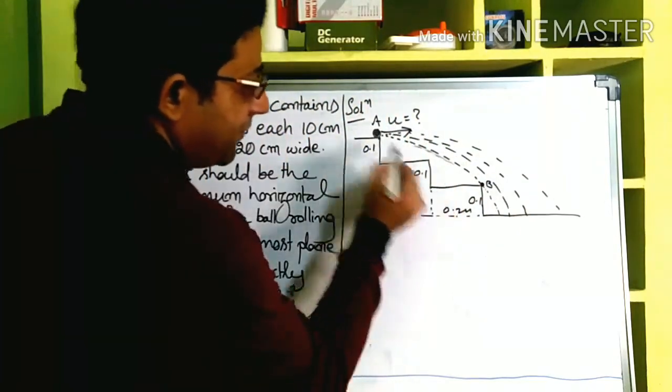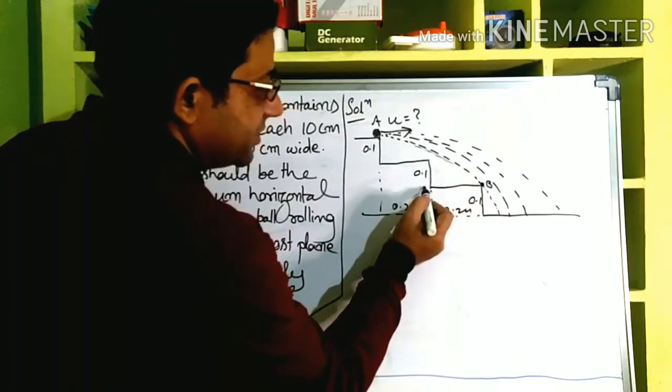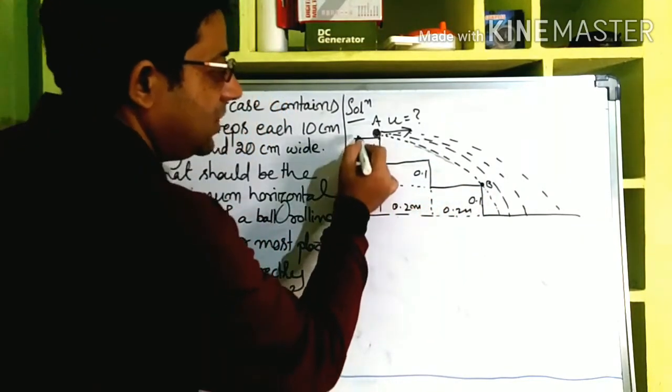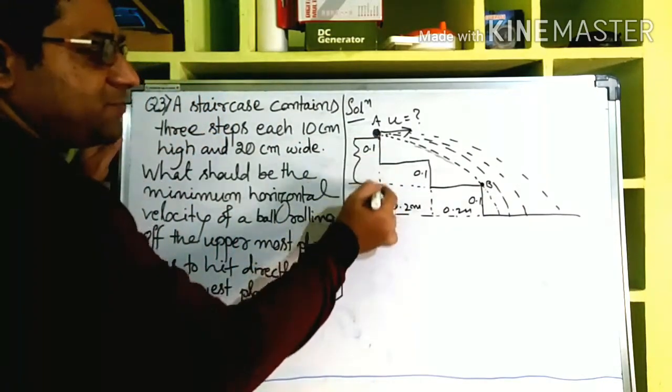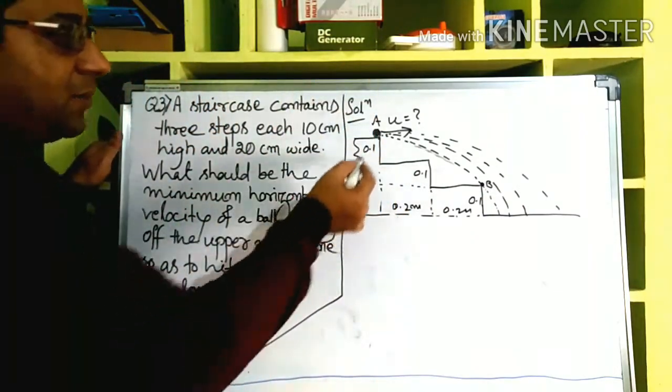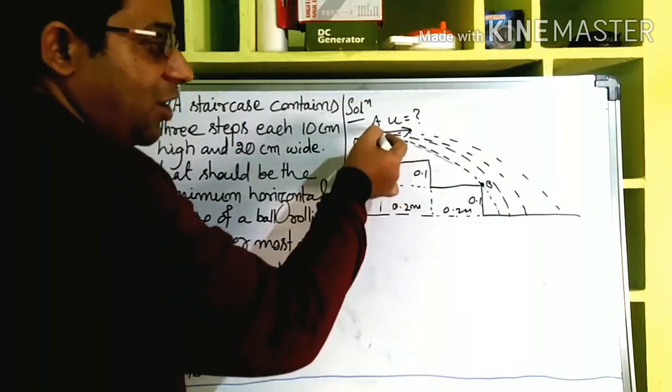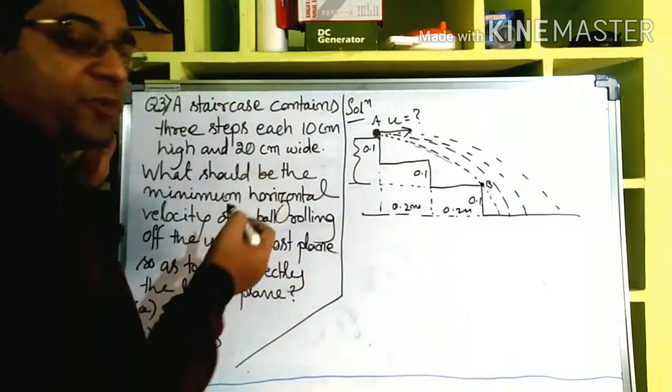Now if it has to reach here, how much distance does it have to fall? From here to here, right? Which is equal to 0.1 plus 0.1, 0.2 meter. 0.2 meter it has to fall, and how much time will it require?